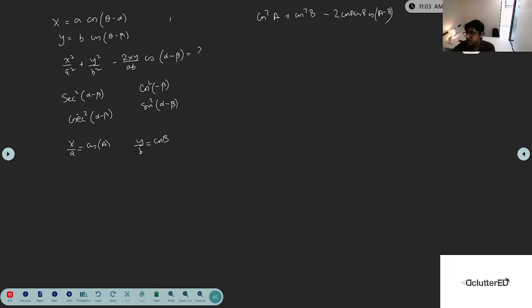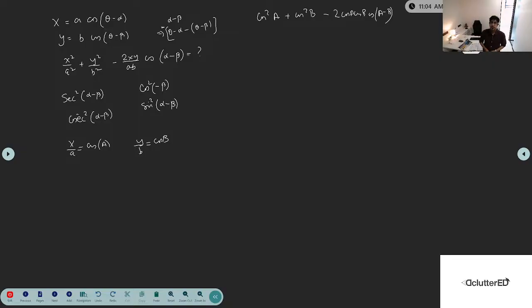The reason is alpha minus beta can be written as theta minus alpha minus theta minus beta with a minus sign outside, but cos of minus x is cos x, so that's why I've taken the liberty of writing it as cos of a minus b.